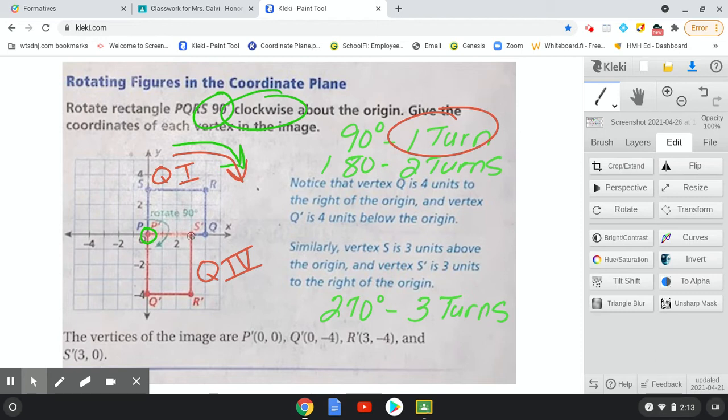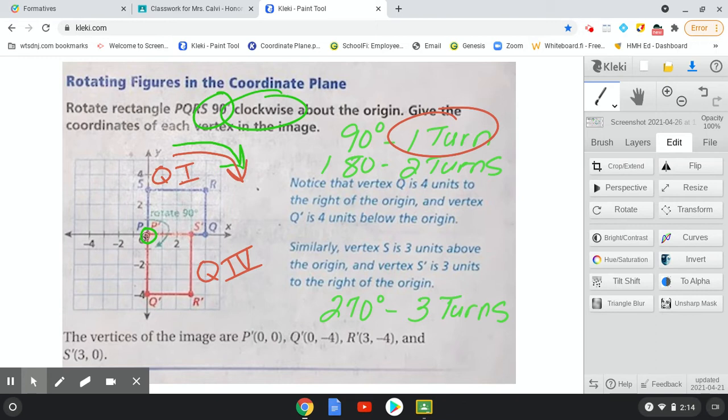S prime is (3, 0), right? So to the right 3, staying at 0. Q prime, we're staying at 0 and going down to -4. So (0, -4) is going to be our Q prime, sorry, (0, -4).